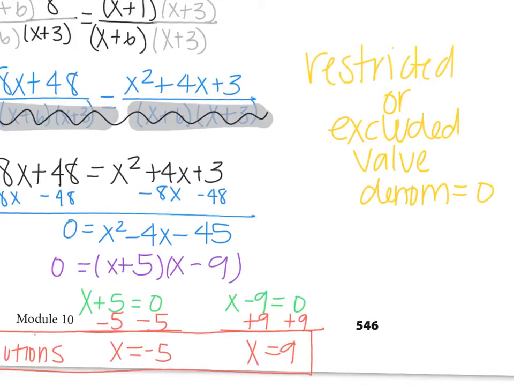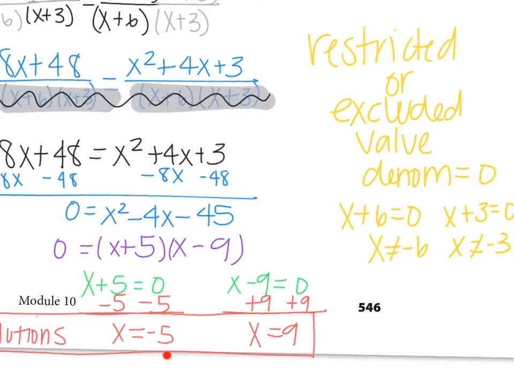So my factors of my denominator were x plus 6 and x plus 3. So my two restricted values: x is not going to be equal to negative 6 and x cannot equal negative 3. And thankfully, neither of my answers was negative 6 or negative 3, so my solution stands as is.